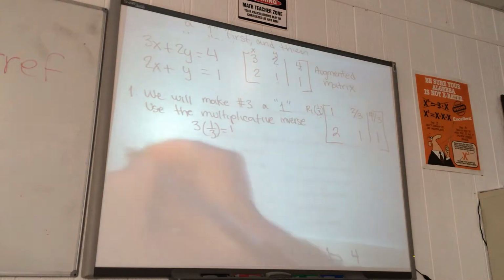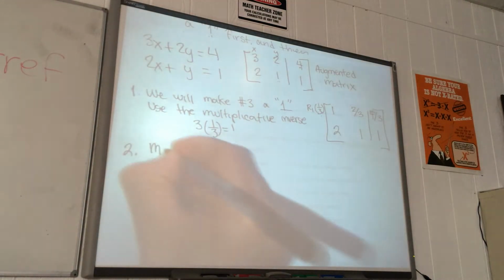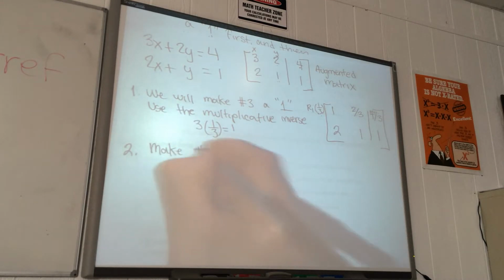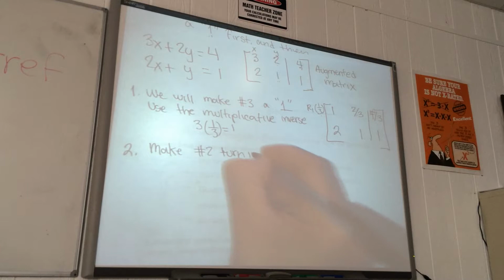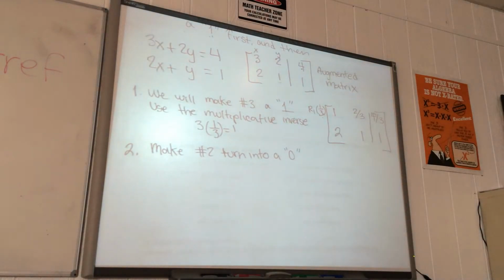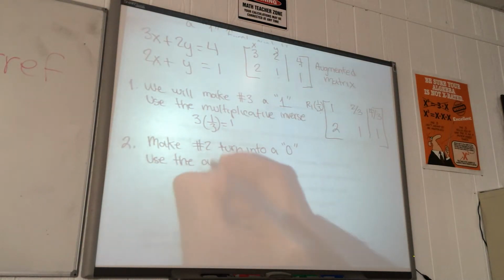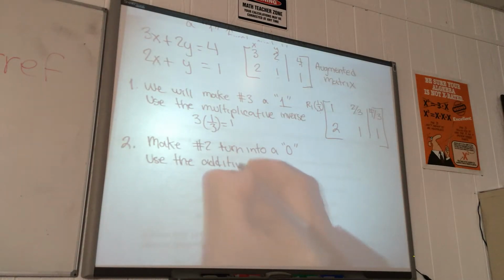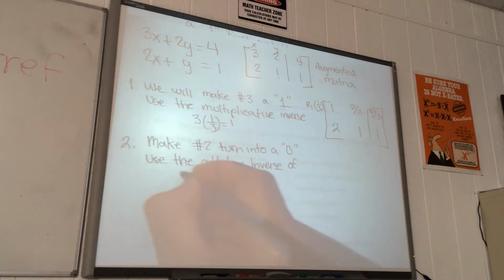All right, next step, we're going to make that number 2 turn into a 0. So what we're going to do is we're going to use the additive inverse of 2.